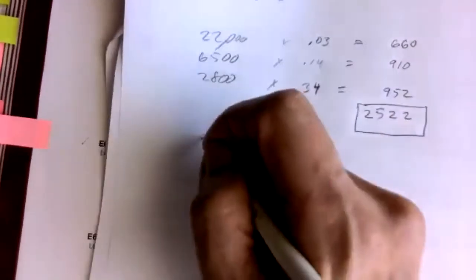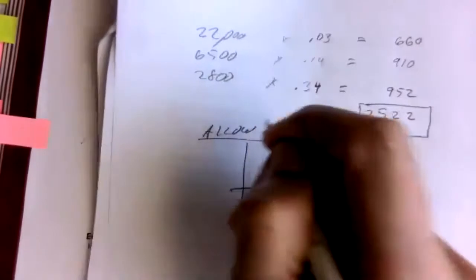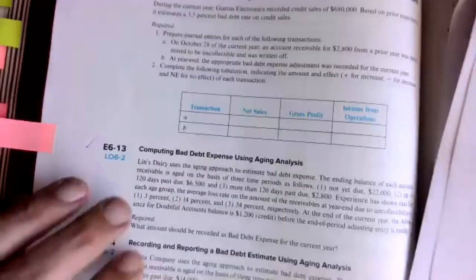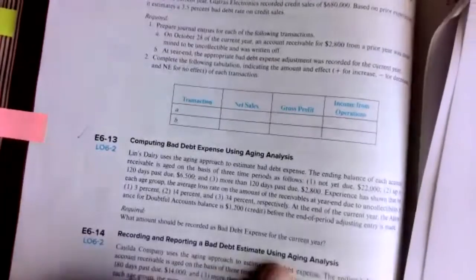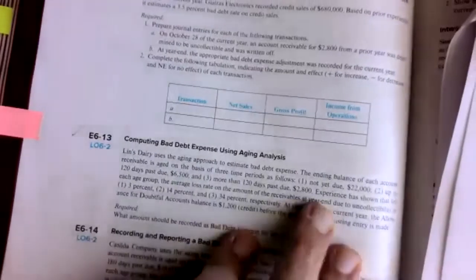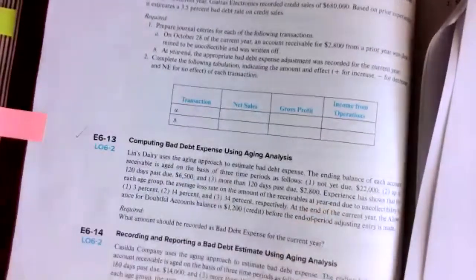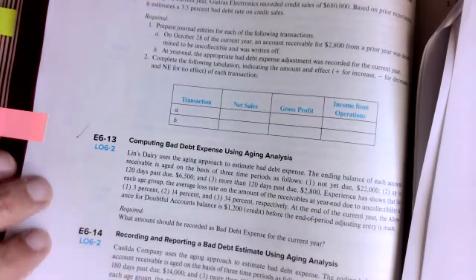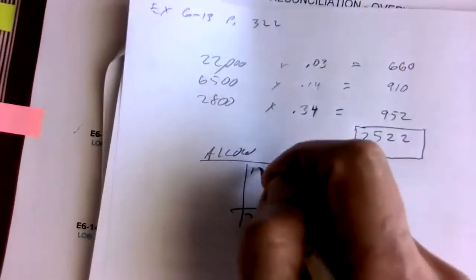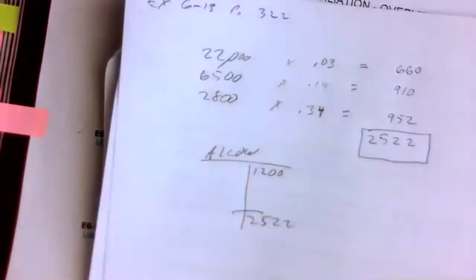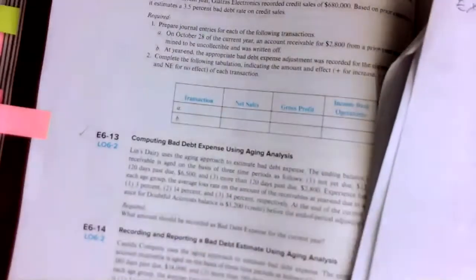So this is the allowance. And by the way, this is at the end of the period, right? After they've recorded all their previous write-offs and that sort of thing. So this is the balance we want, and this is the balance they gave us that's in there already after recording sales for the period and write-offs and all that sort of thing.